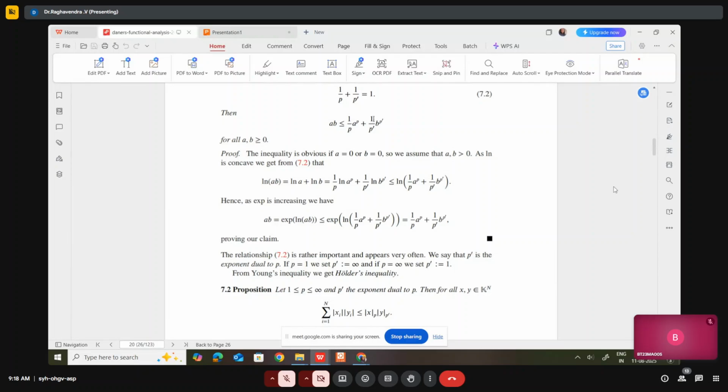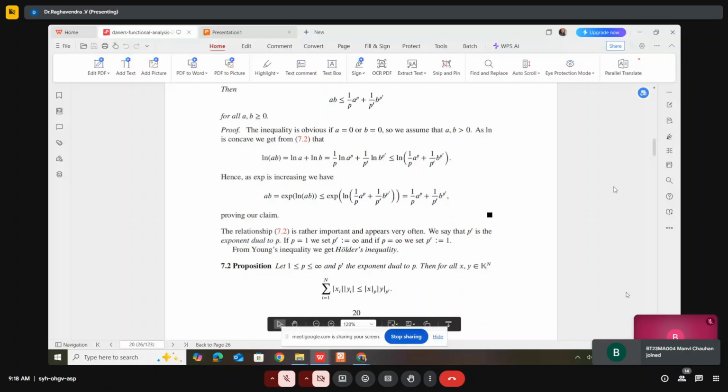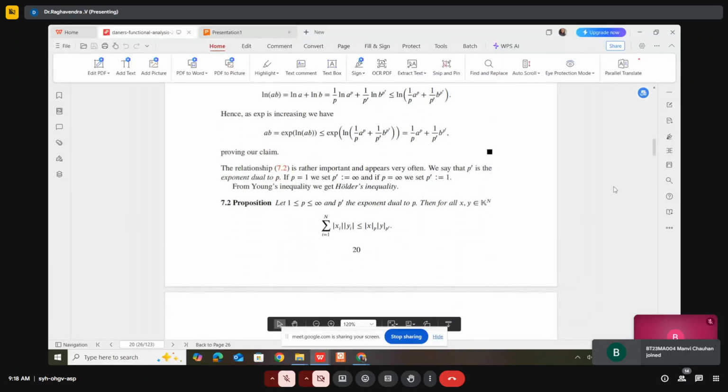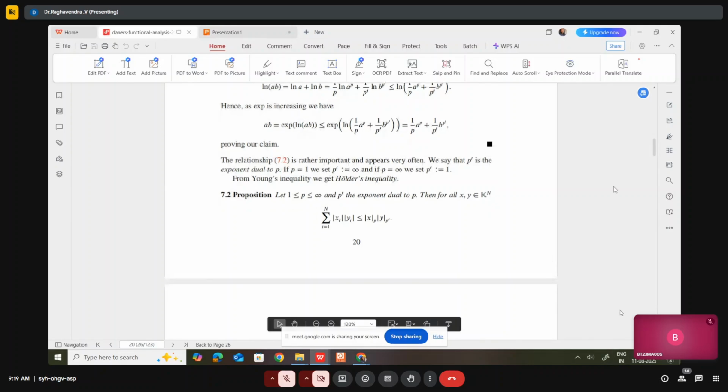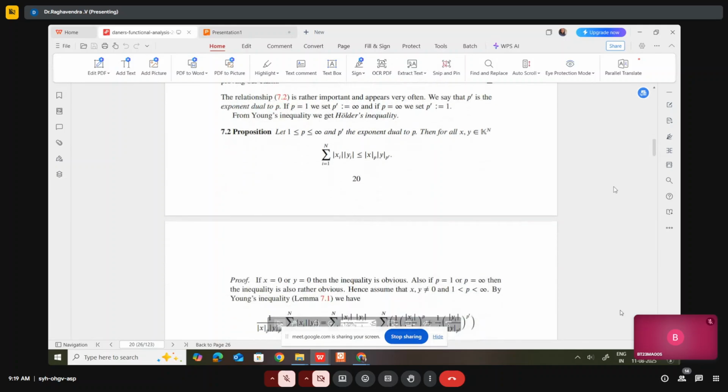That's the idea here. Holder's inequality also says something similar. The left side is a product of xi and yi, whereas the right side is norm x times norm y. The p norm of x is independent of y, and the norm of y is independent of x. But on the left side, you have xi, yi coming together. That doesn't happen on the right side. So the idea is to try to separate out x and y, and that's where we use what is called Young's inequality.